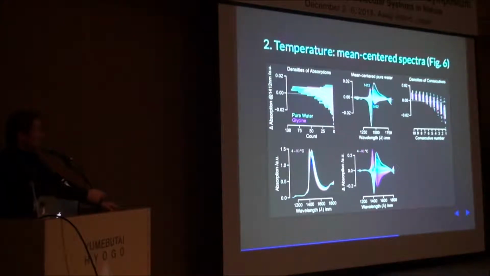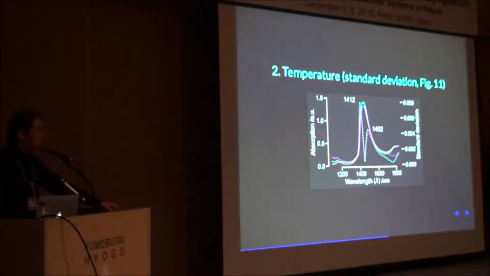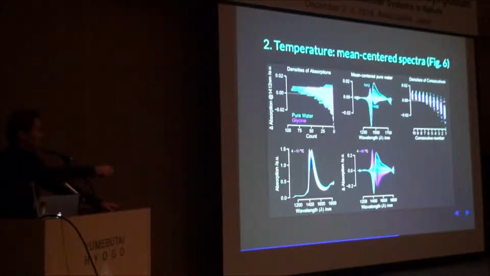First of all, I want to explain what it means to have a positive value here, and what it means to have a negative value here, and vice versa. In order to do that, I took especially the 1412 because it is the most strongly changing wavelength. So I looked at this entire range.